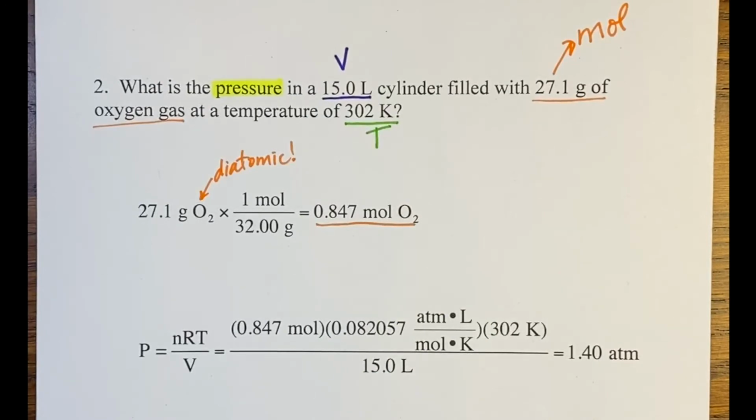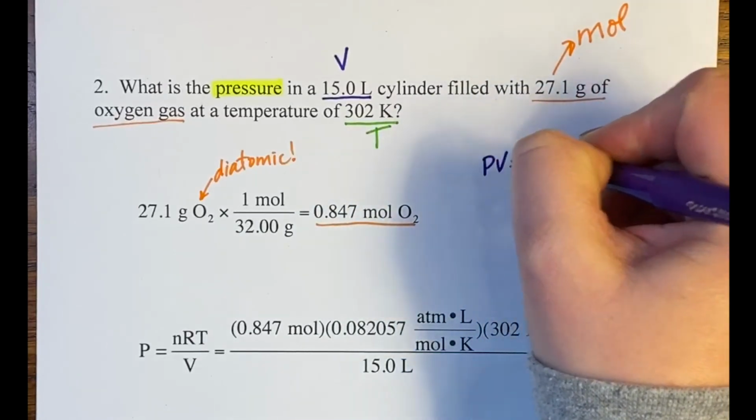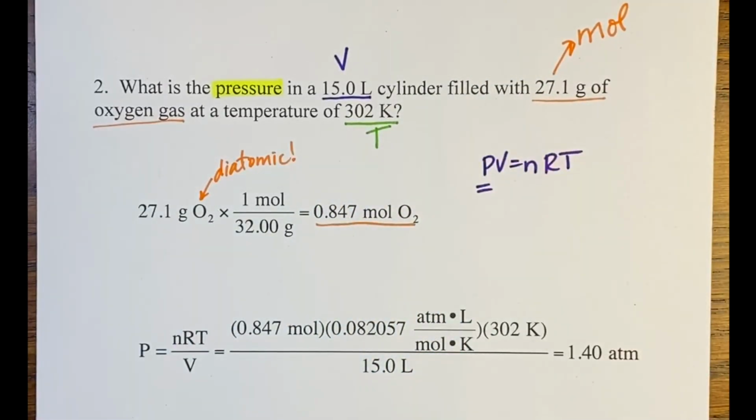From here, we now have all of the information that we need in order to plug into the ideal gas law. If PV equals nRT, and I solve my ideal gas law for pressure, that means that my pressure is going to be equal to nRT over V. So I'm going to plug into this equation my 0.847 moles times 0.082057 liters times atmospheres per mole times Kelvin, times my temperature in Kelvin of 302, divided by 15.0 liters as my volume.